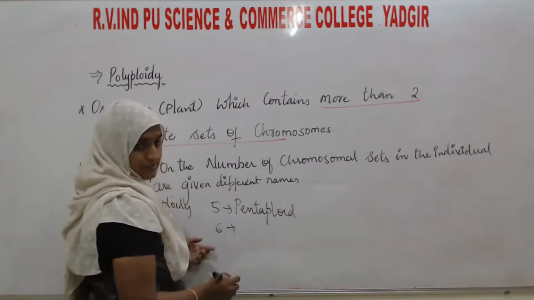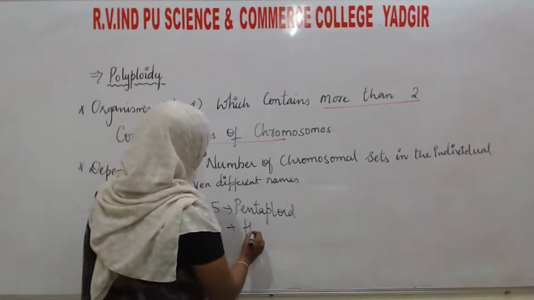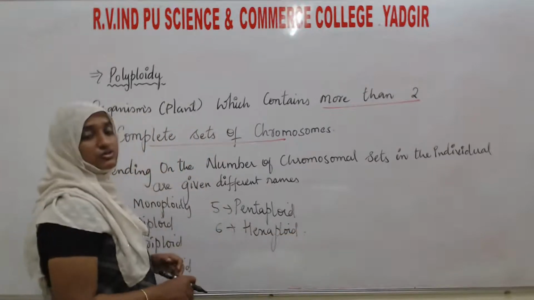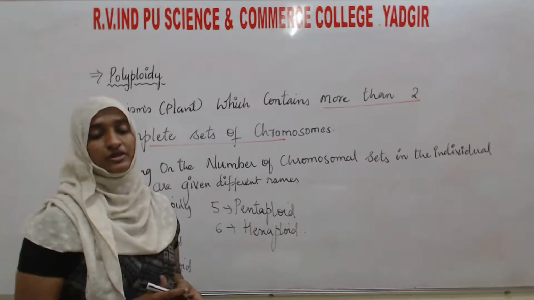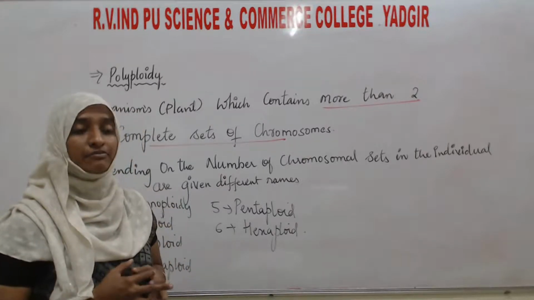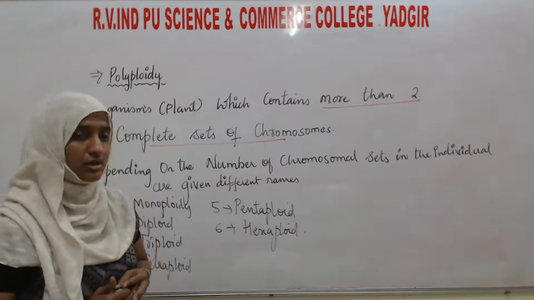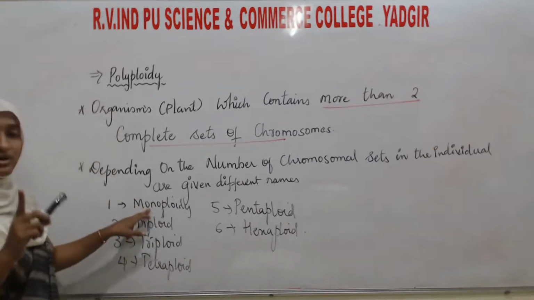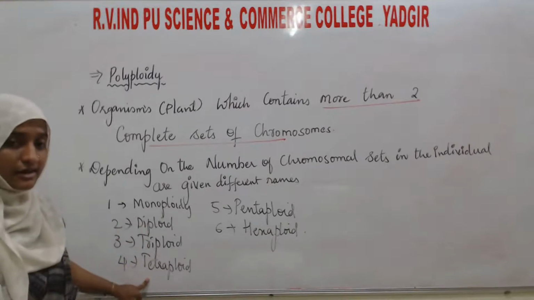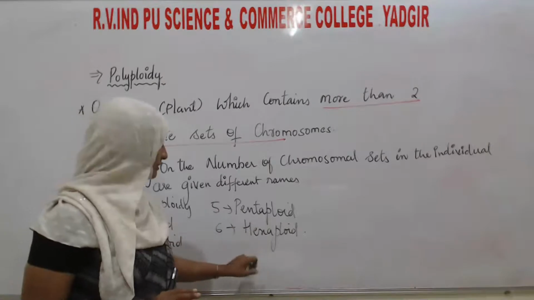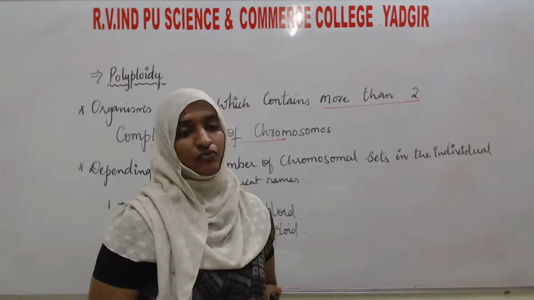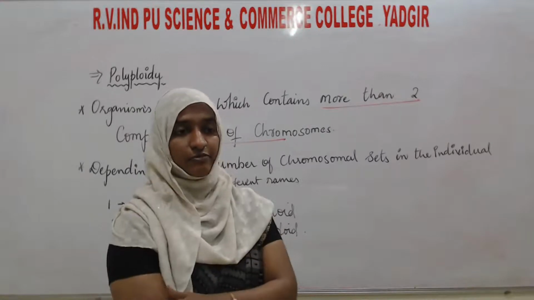Six sets is hexaploid. So like this, due to some mutations, due to changes in the chromosomes, addition or deletion of chromosomes, there are certain names given for the particular individual. So here they have given certain different types of polyploid. Let's see the different types of polyploid.